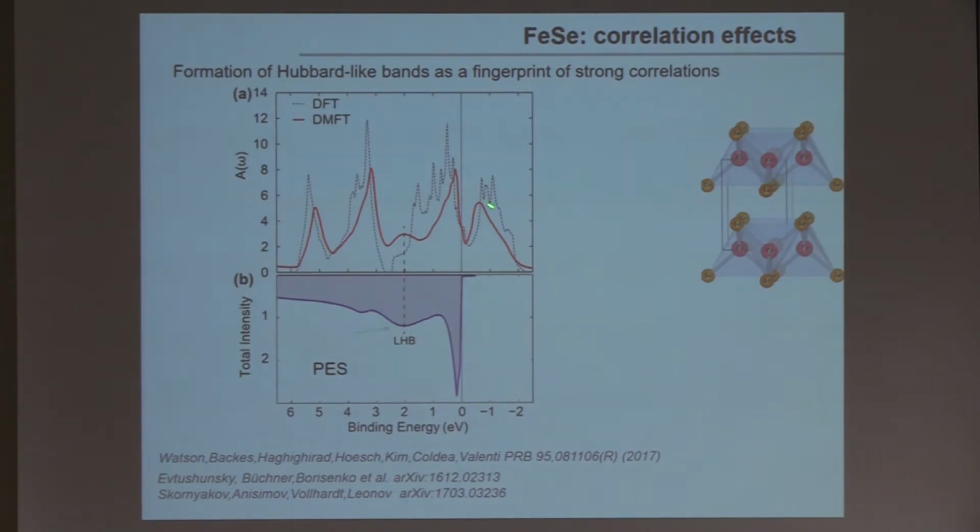The DFT calculations are basically these black lines where, of course, you don't have the effects of correlation. Now you include them at DMFT, and you get these features of the lower Hubbard band. And this has also been confirmed by experiments by Borisenko and collaborators. So in fact, in these materials, you can see these effects of incoherent tails at higher binding energies.